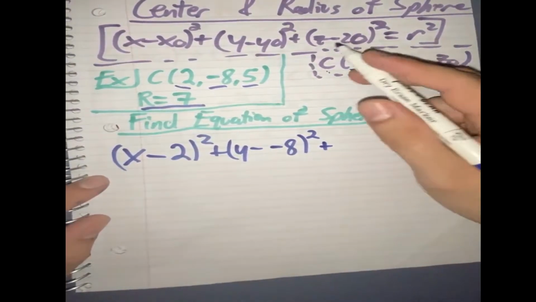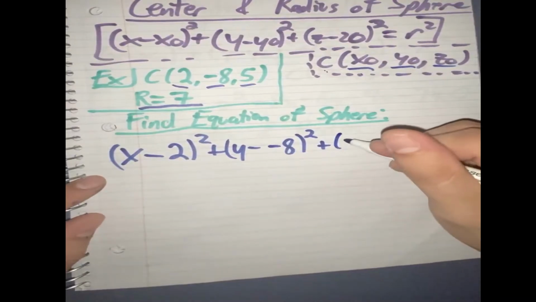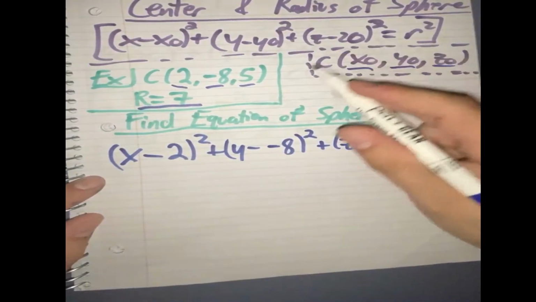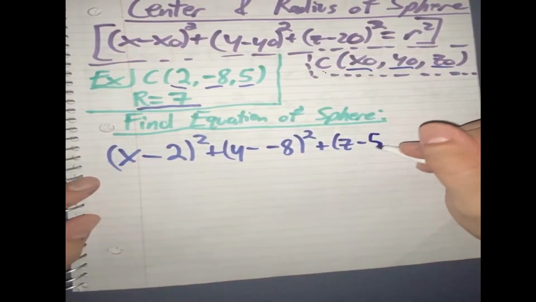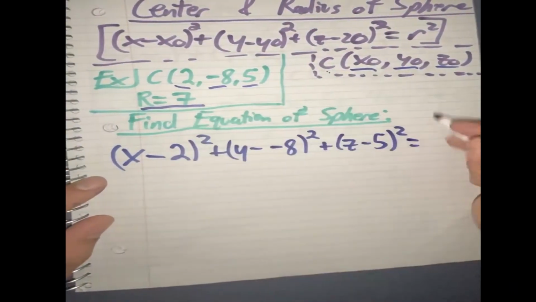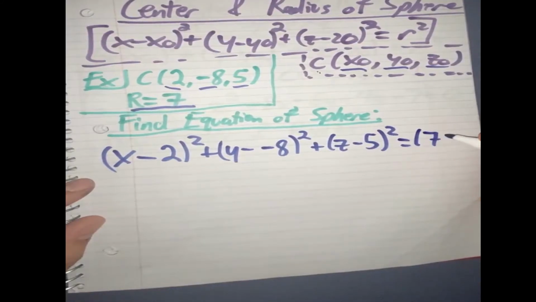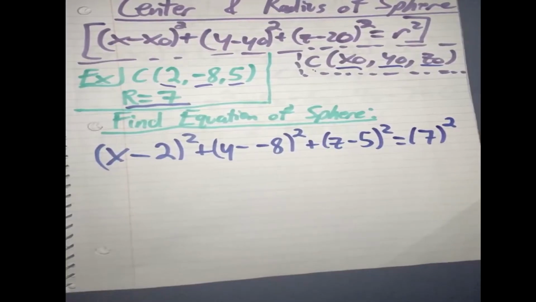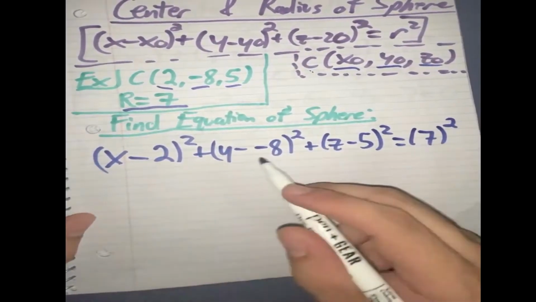Then z minus z naught, so we get z minus 5 squared is equal to our radius, which is 7 squared.